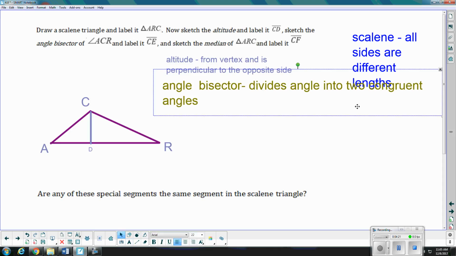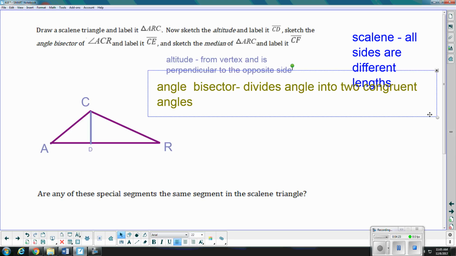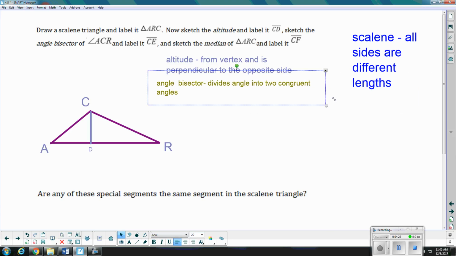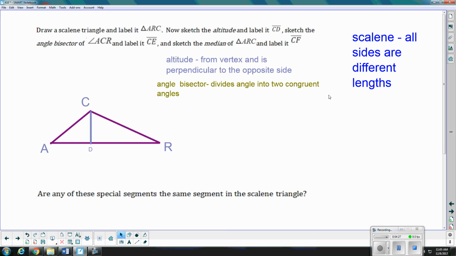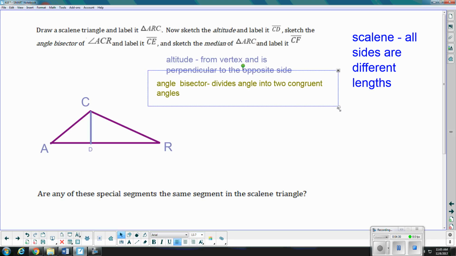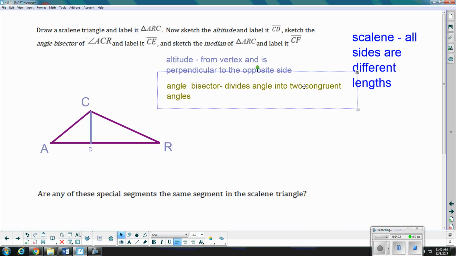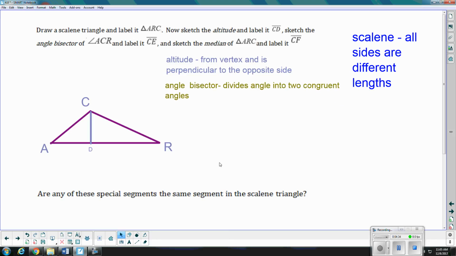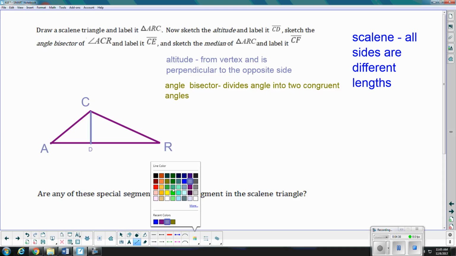So go ahead and on your note sheet, just sketch it in. Again, you can construct it if you'd like to, but you don't have to do that. You can use your protractor if you want, or you can just sketch it in. So I'm just going to sketch it in.